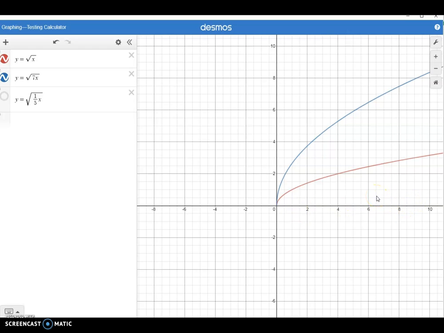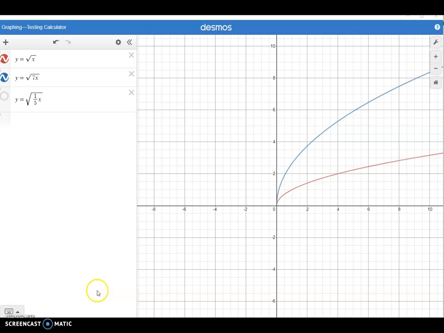It's squeezing it horizontally, which means that this blue line is produced. Now, the way to say this is that it's been horizontally compressed with a factor of 1 over 7. So, again, the inverse of whatever happens inside, guys, you do the opposite. So, this is a horizontal compression with a factor of 1 over 7.